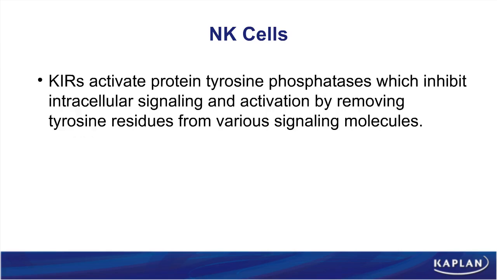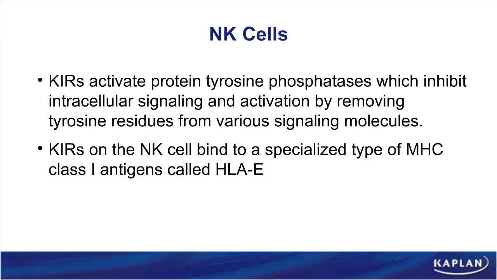The job of the inhibitory receptors is to recognize whether or not a cell is expressing class 1 MHC. So these inhibitory receptors, when they are ligated, shut the entire system down. They do so by activating tyrosine phosphatases, which inhibit the intracellular signaling and activation by stripping tyrosine residues from those signaling molecules.